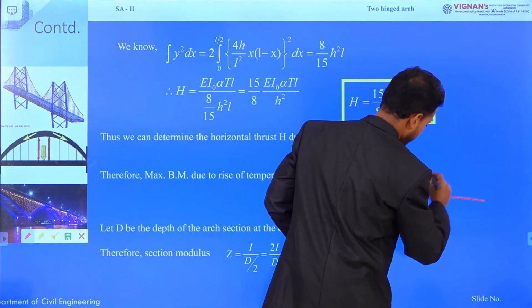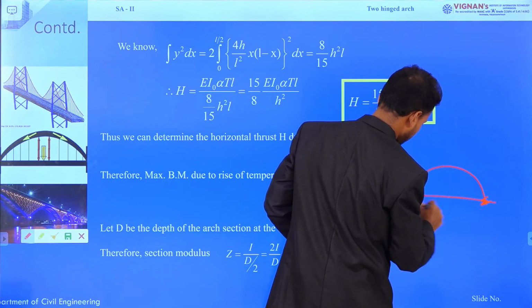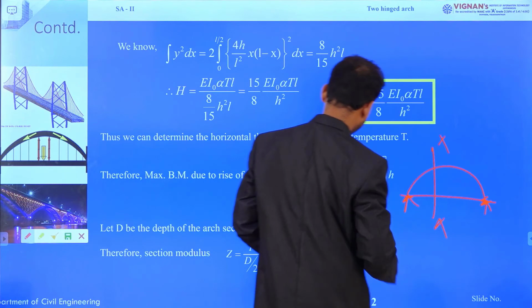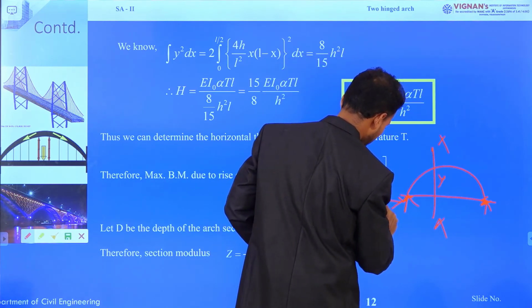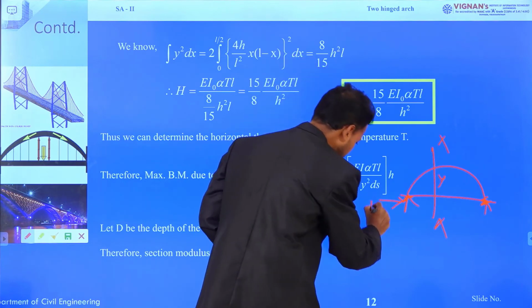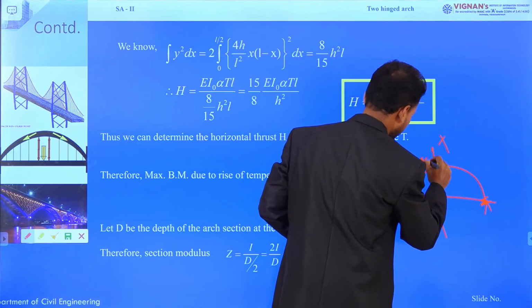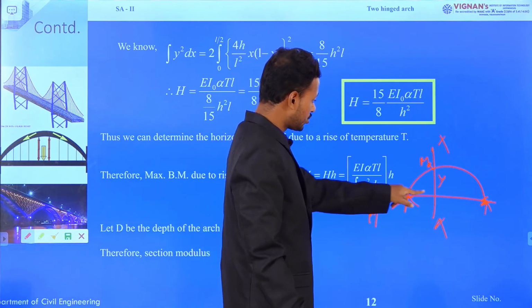for an arch structure, at any section x, this is the y distance and this is the horizontal thrust acting. So, at any section, the bending moment Mx equals to H into y.